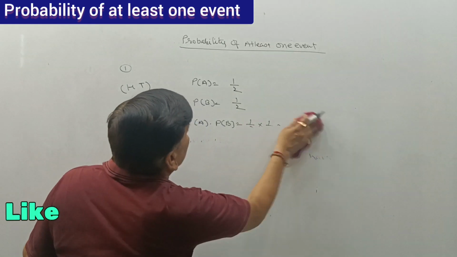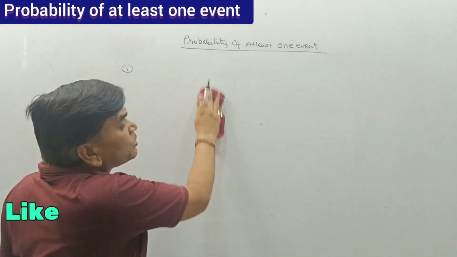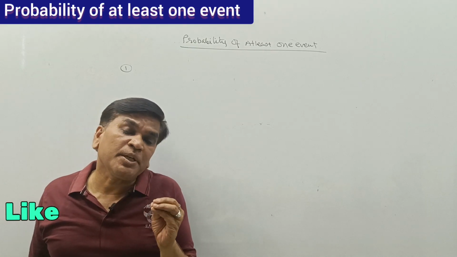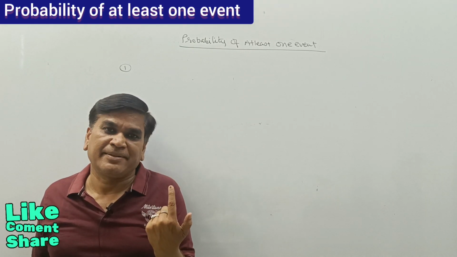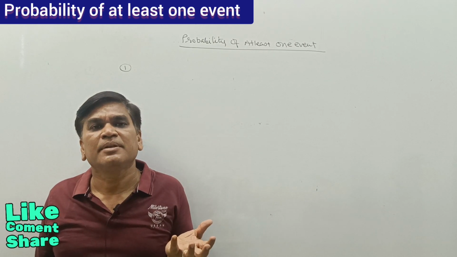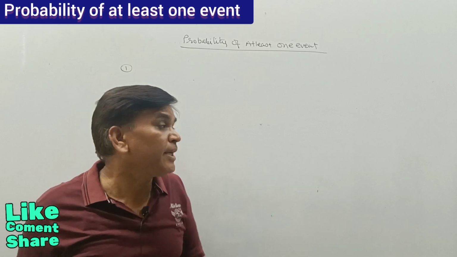Similarly, we have a question: if a dice is thrown 2 times, get the probability of at least one 6.